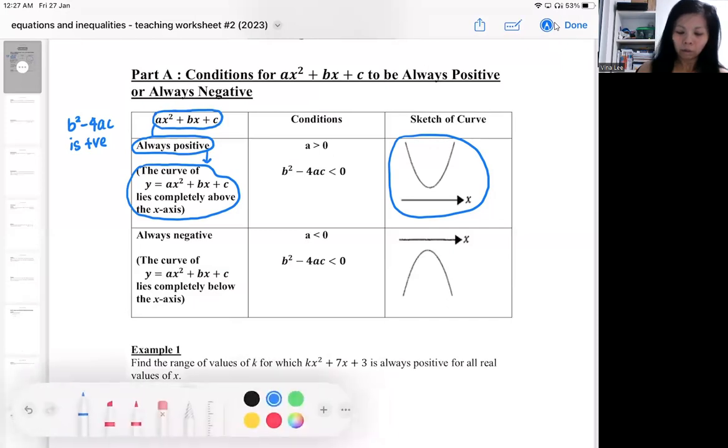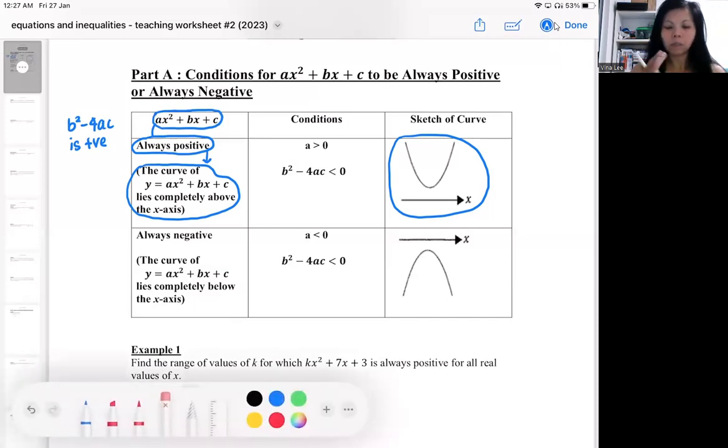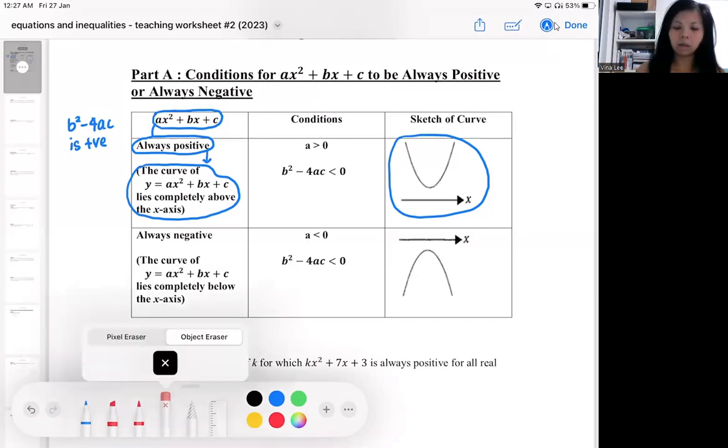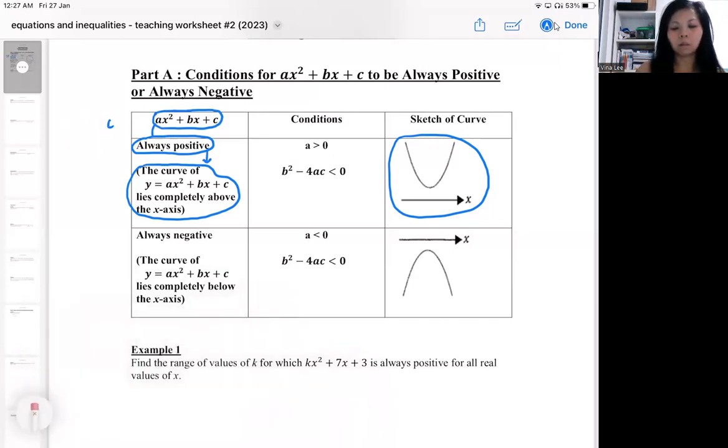So don't always think about always positive. You have to think, is it the discriminant being positive or is it the quadratic function being positive? In our case here, it is the quadratic function being positive, so the implication is the curve is entirely above the x-axis.